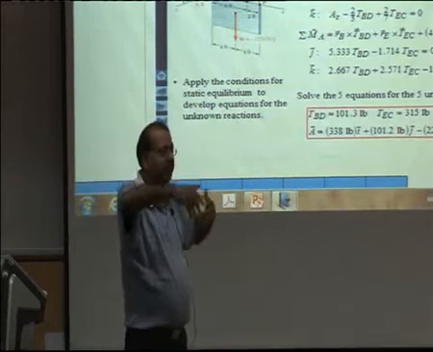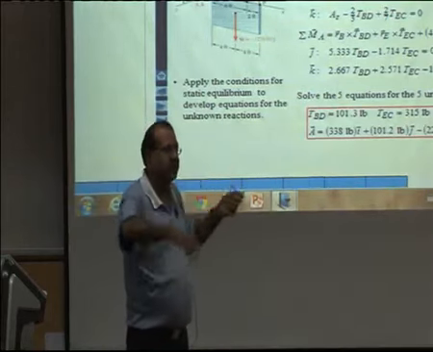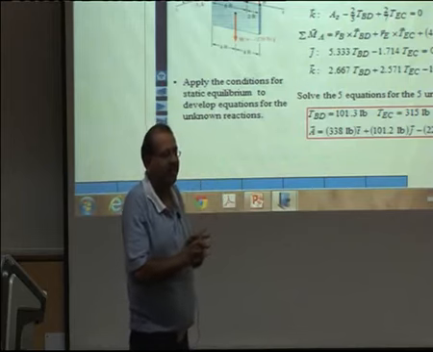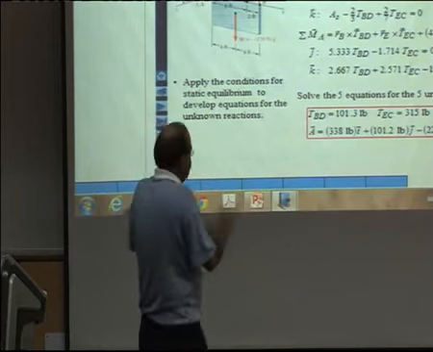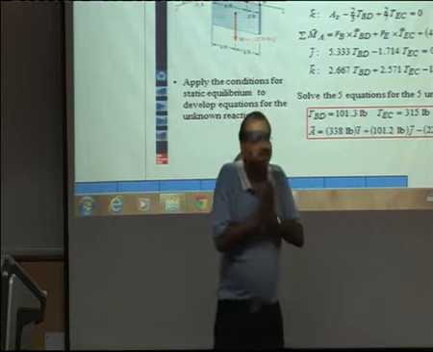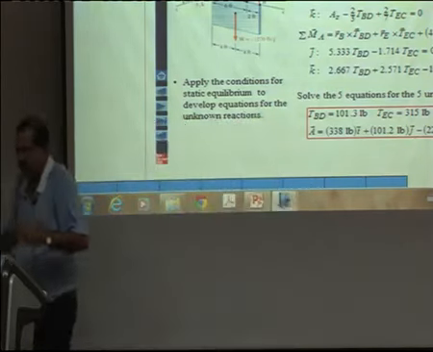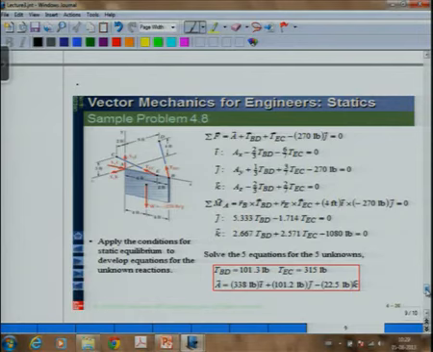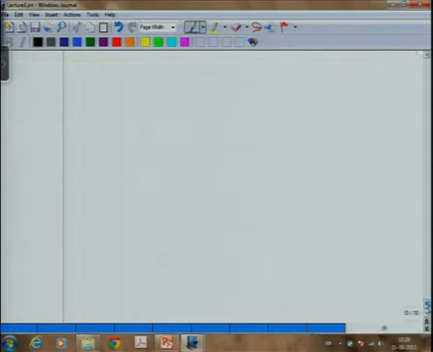If this was in a horizontal plane, take moments about the x axis, that gives you one tension, and then you can move after that. So, you will have to think a bit before going ahead in these type of problems. So, that sort of completes our discussion on equilibrium.